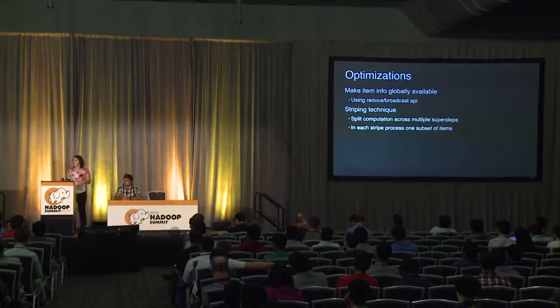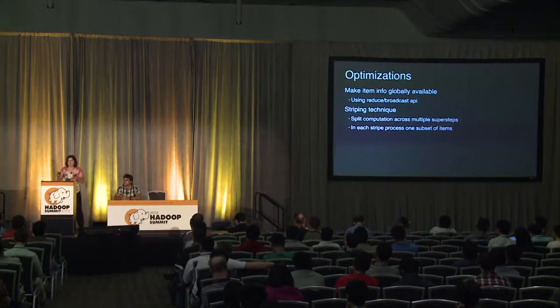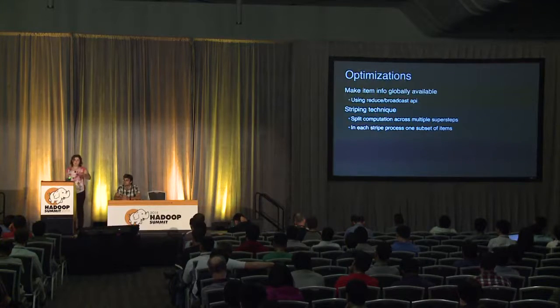Now, what active means depends on the algorithm itself. In this case, active is going to mean that only some subset of items is going to be doing the processing, receiving messages and calculating the item similarities. And using this technique, by increasing the number of stripes, we can arbitrarily decrease the amount of memory that is needed for this job.